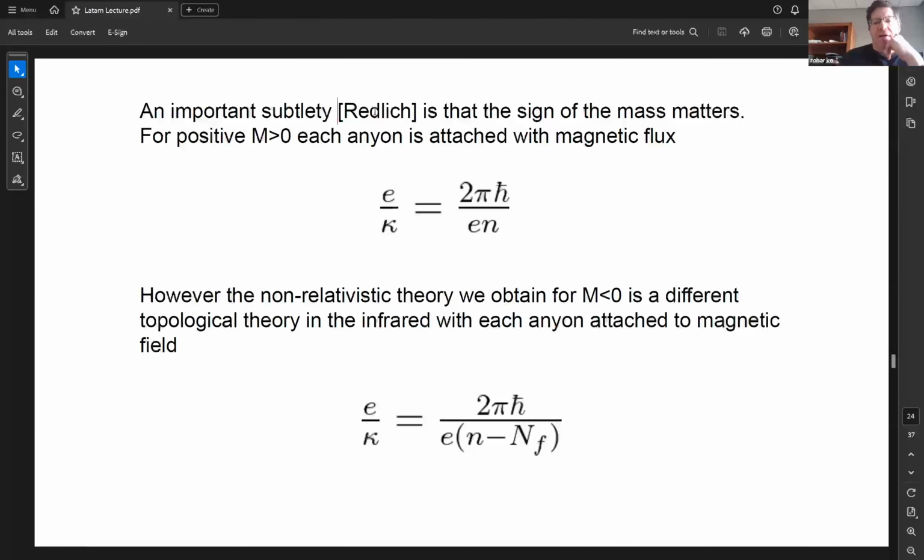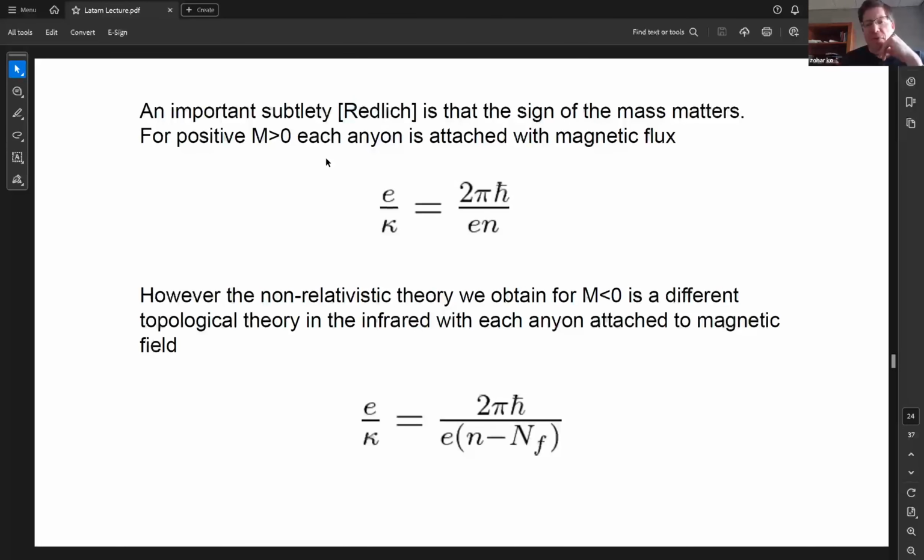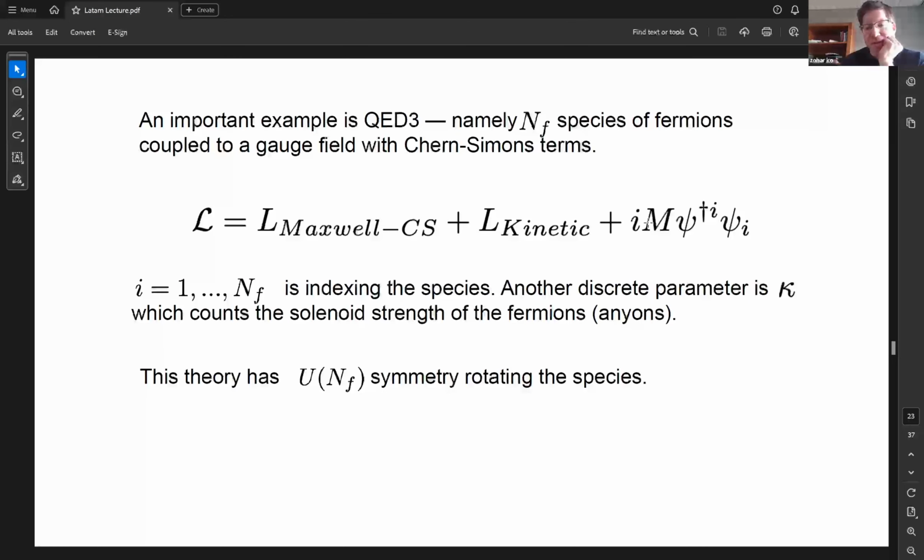So Redlich, a famous physicist, discovered a very important subtlety, or a very important phenomenon, if you want. This is used throughout the literature. Redlich looked at this Lagrangian and said, oh, so when M is huge, I don't need to second quantize. I can just think of the anyons as sources and just study their wave function.